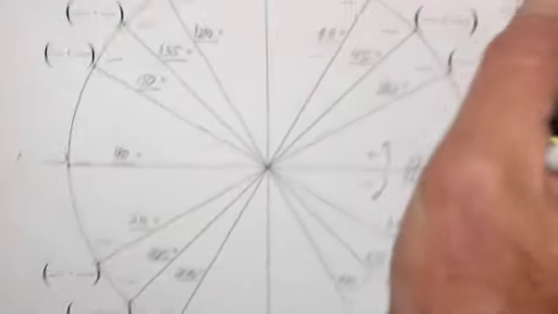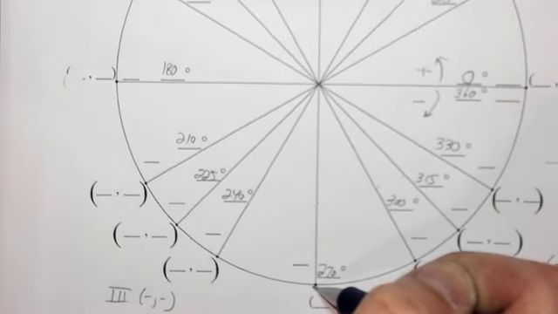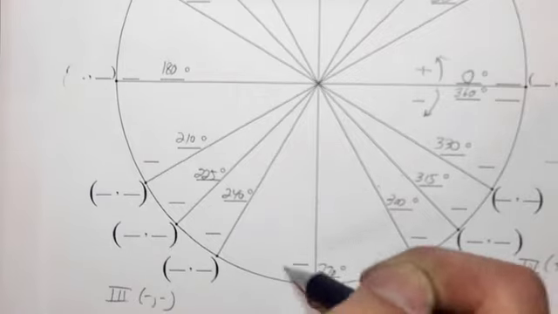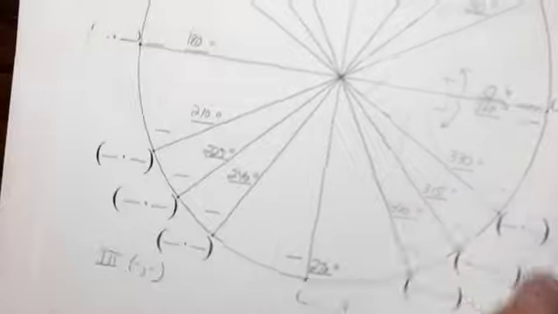If it's negative, it's just the other way around. So 0 to negative 90 is fourth quadrant, negative 90 to negative 180 is third quadrant, and so on and so forth. And that's what your assignment for today will be.